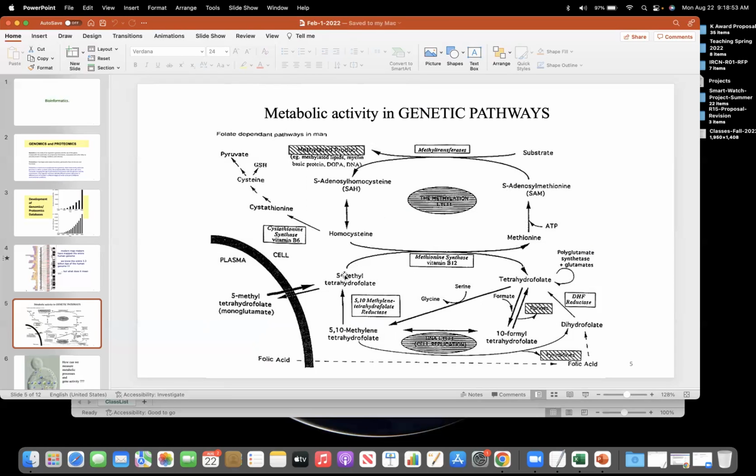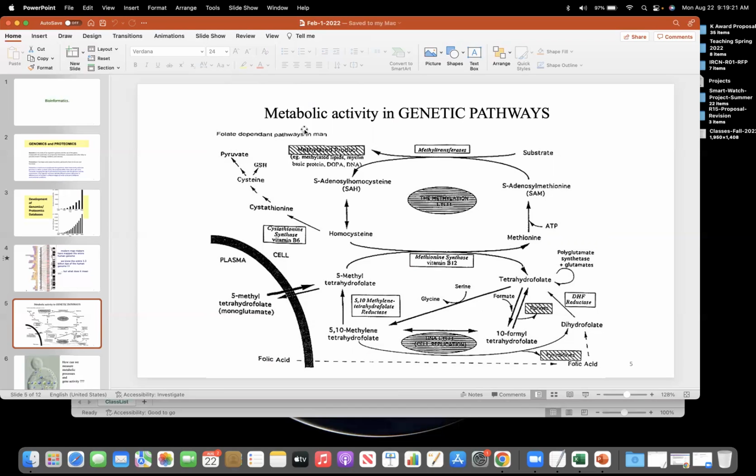So in the cell itself, there are many things which are regulated, right? Most of these things are regulated by, say, proteins or by mRNAs or by DNAs. And this is one example here. So this is just one pathway, which is called the folate dependent pathway, right?